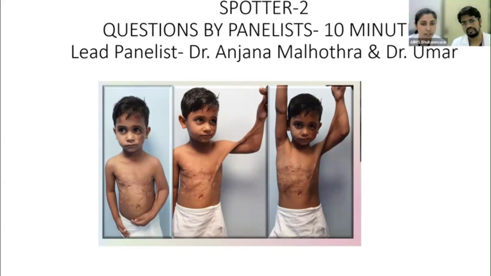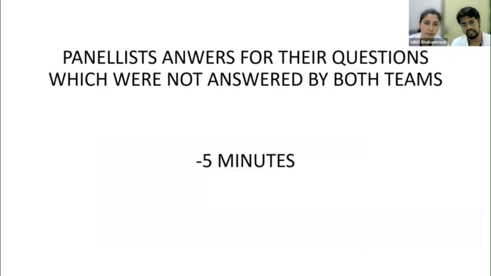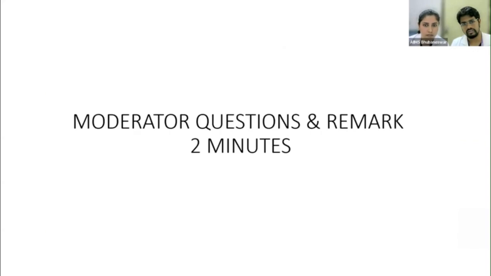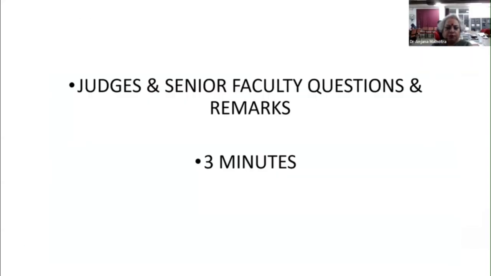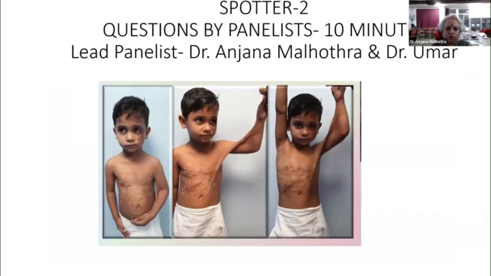A postburn contracture involving the anterior axillary fold on the left side and the elbow. See it in greater detail, with the hypertrophic scar present over the anterior chest wall and scarring over the left side of the face, leading to ectropion of the lower eyelid.